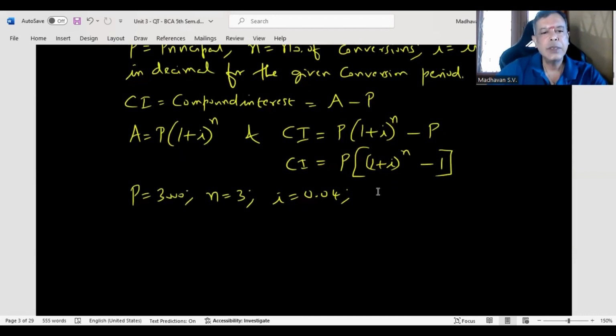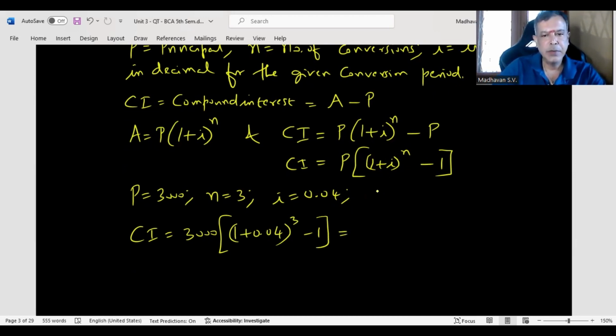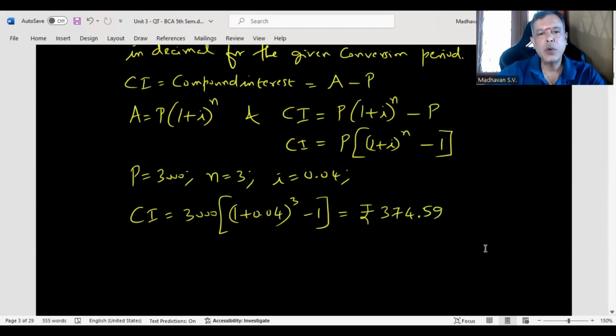So therefore, CI will be 3,000 times 1 plus 0.04 to the power of 3 minus 1. If we calculate this, we will get rupees 374.59. Let us move on to the next.